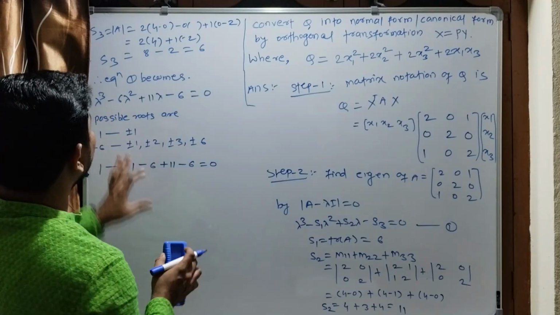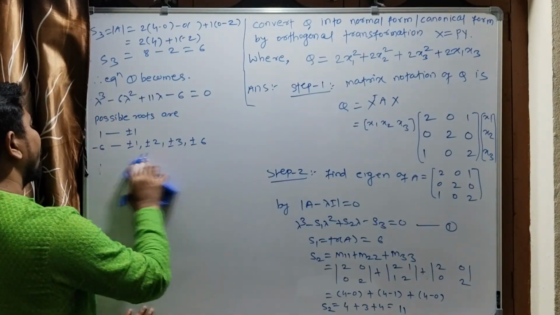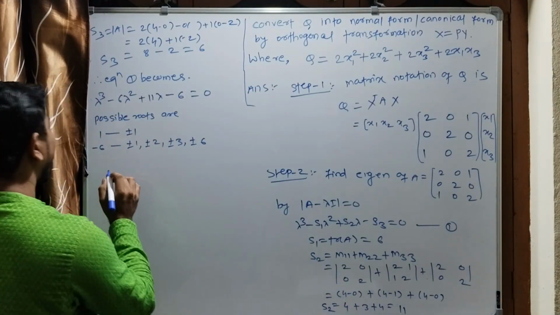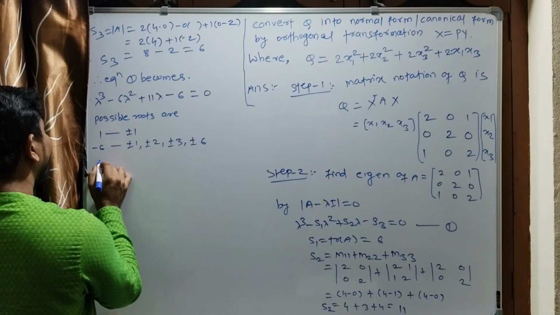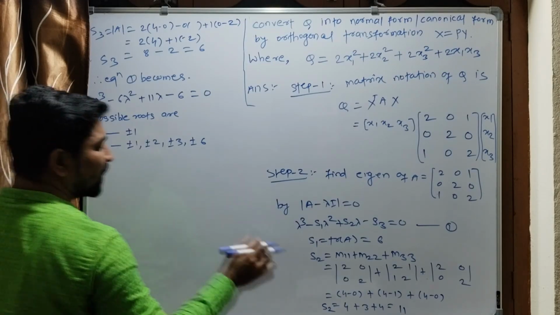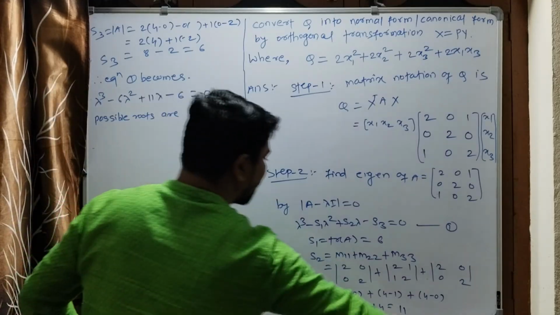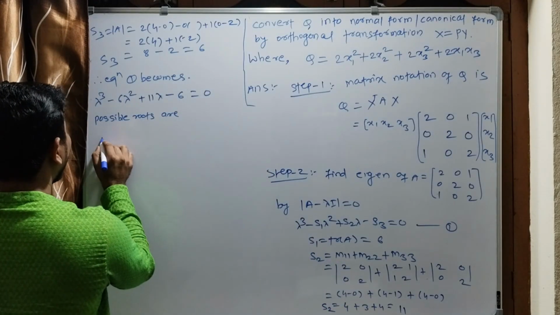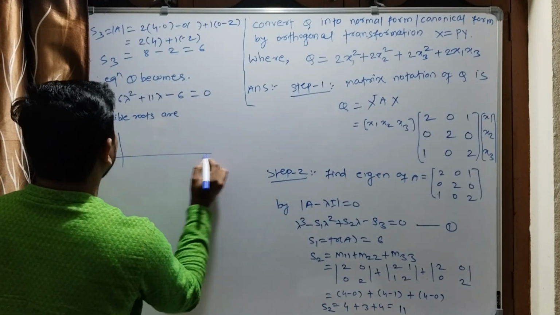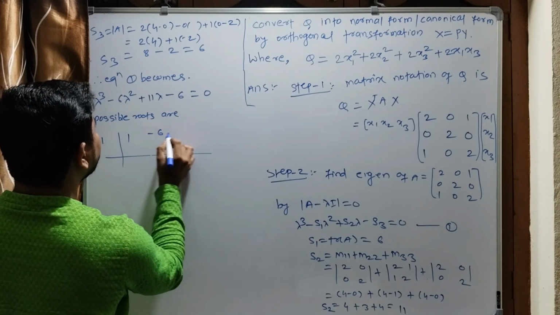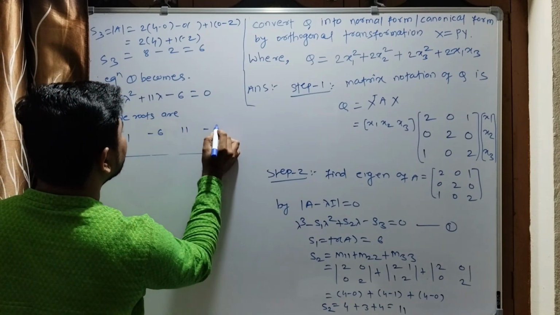If 1 is a root, we can find the other roots by using synthetic division. So I will write the synthetic division. With 1 outside, the coefficients are 1, minus 6, 11, minus 6.